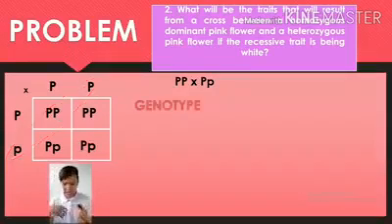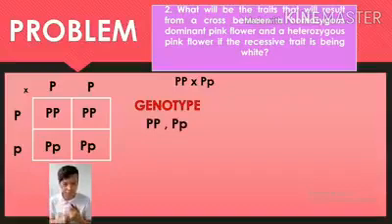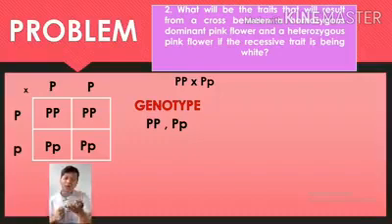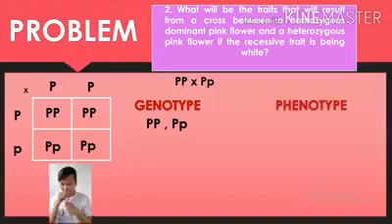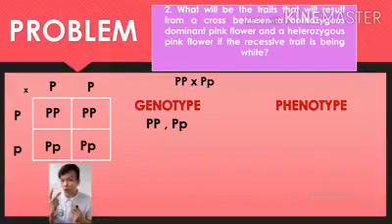And if we get the genotype, of course, we have 1 homozygous dominant, which is 2 capital letter P's, and 1 heterozygous, which is 1 capital letter P and 1 small letter p. For the phenotype, we have, of course, two genotypes here.